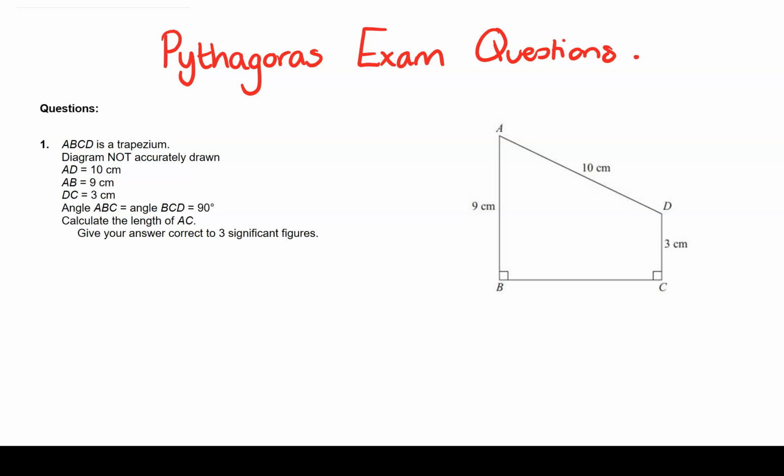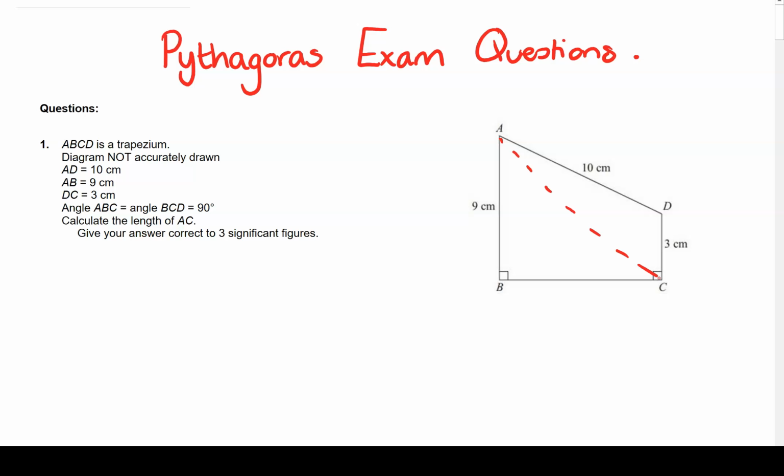Let's get cracking. So we've got ABCD, a trapezium, AD is 10. That's all marked up, 10, 9 and 3. The right angles are all marked up. Calculate the length AC. So we are being asked to find that diagonal there.